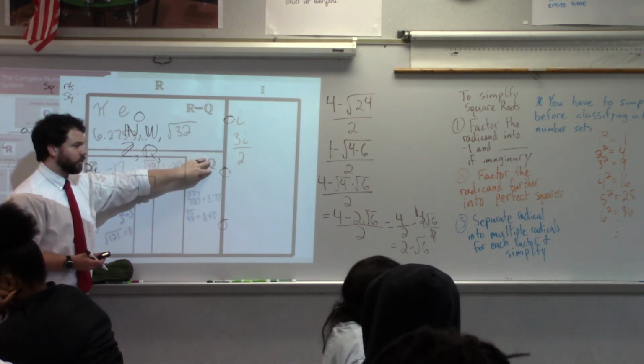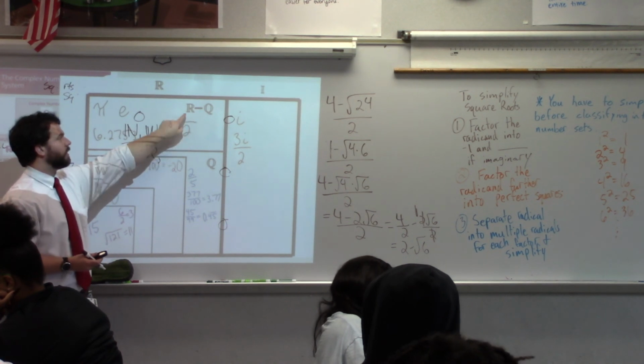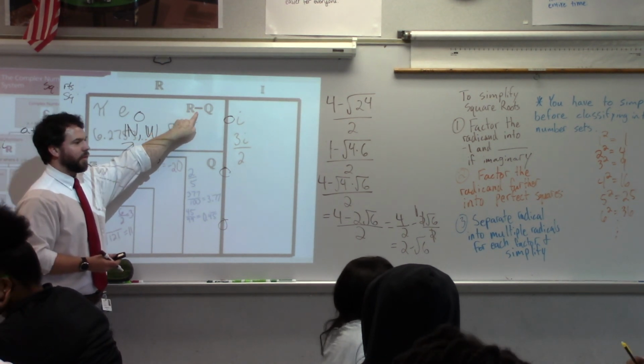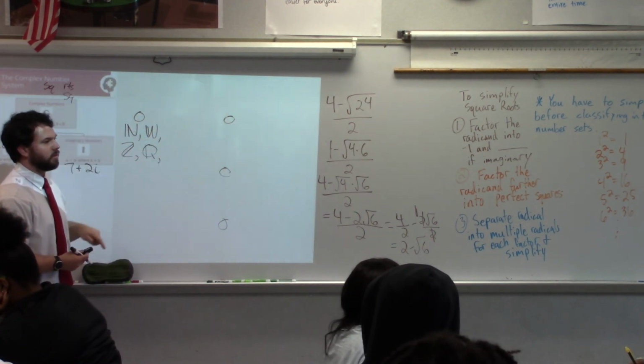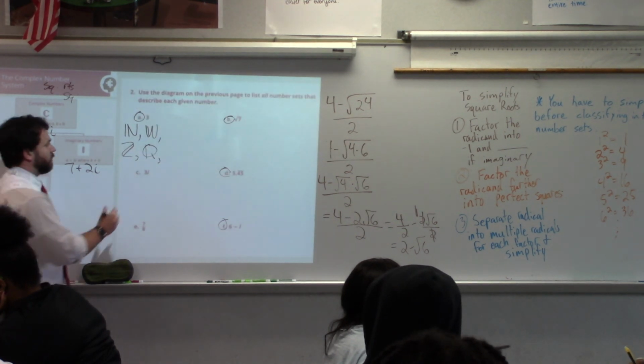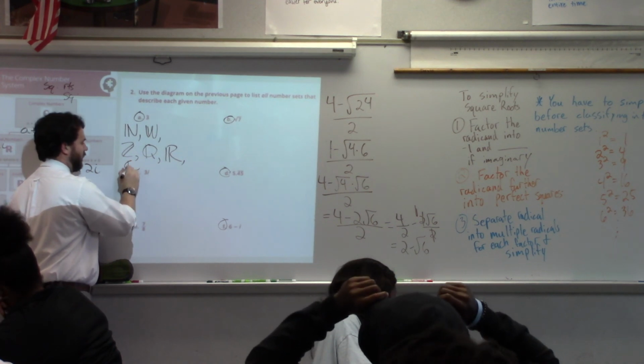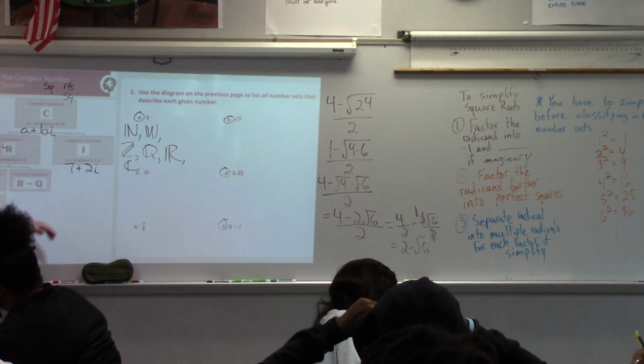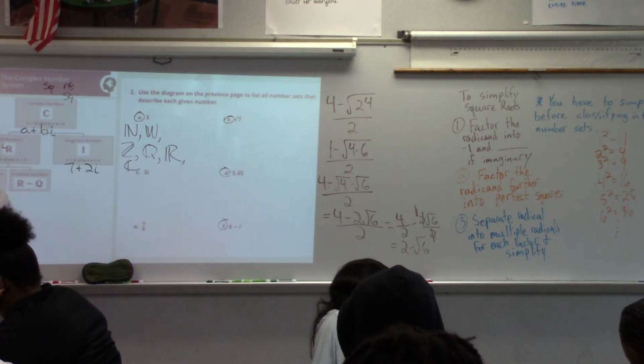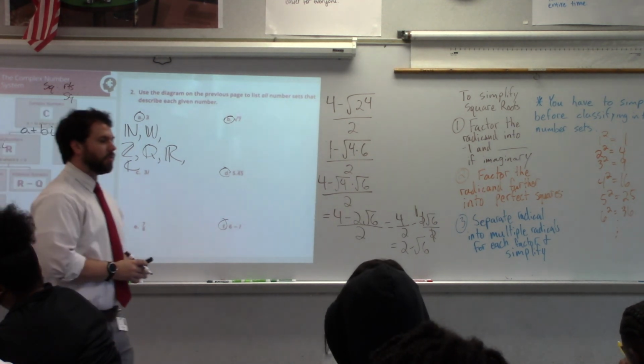If it's rational, it's not irrational. Notice literally the symbols are reals without the rationals. So then real, and finally complex, right? Every real number is a complex number. Do not forget that.